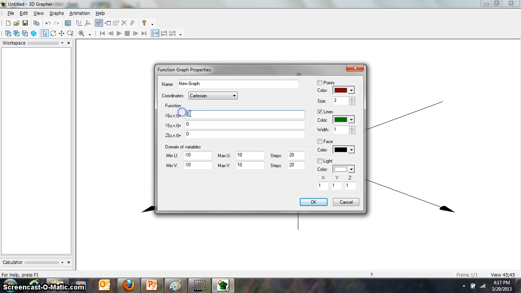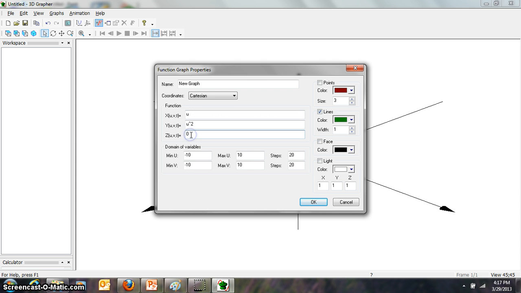So for whatever equation you want, u will be equivalent to what we would consider x. So you have this as u. Now you can choose either one of these here to be the function, so we'll have u squared.